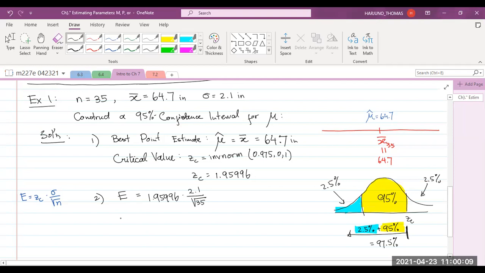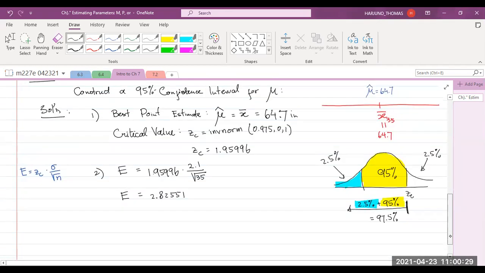That's the margin of error. 1.95996 times 2.1 divided by square root of 35. I get 2.82551. That's the margin of error.